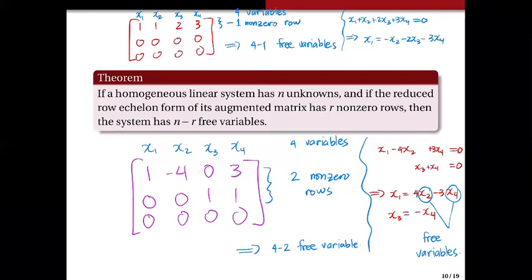So these are your free variables. So 3 free variables. Understood? So again, this is only for the homogeneous linear system. Questions so far?